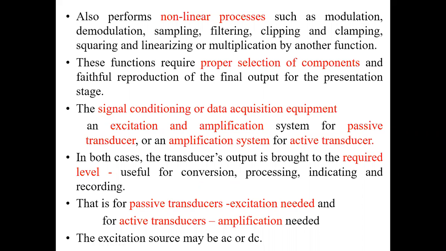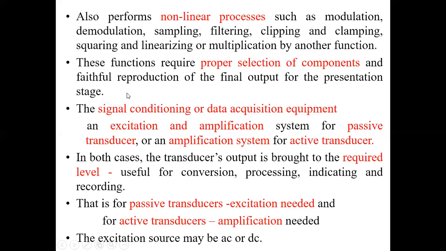Proper means, for whatever type of signal conversion, we have to choose the respective components only, in order to produce a faithful reproduction of the signal. That is the more important one.